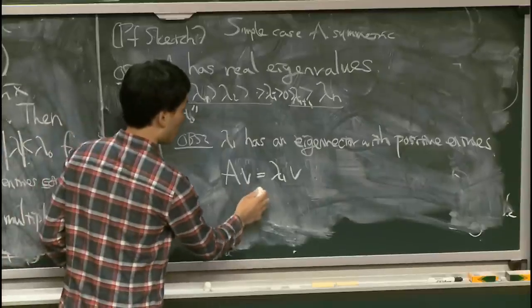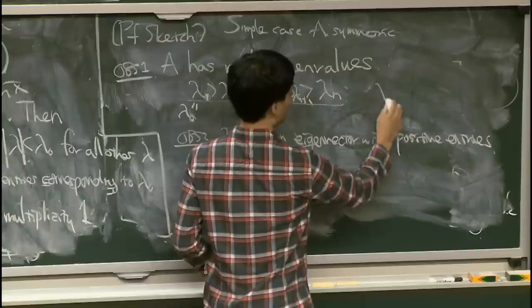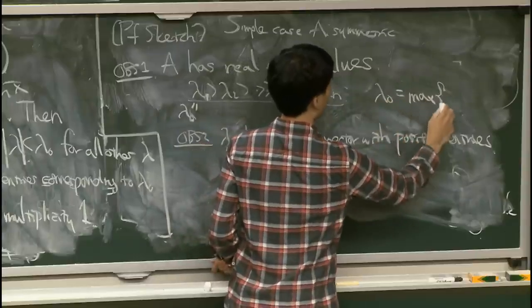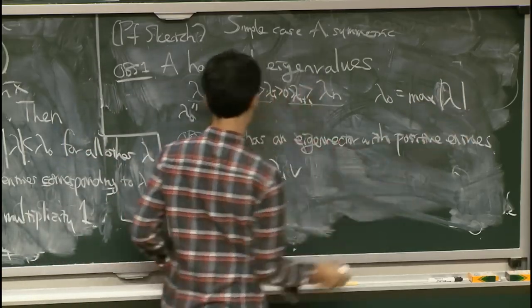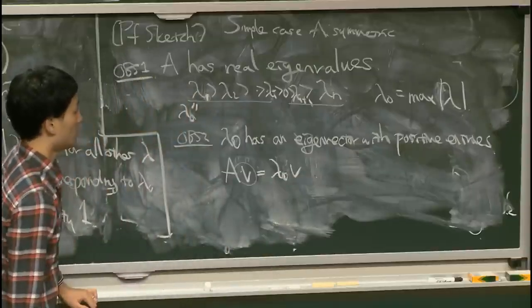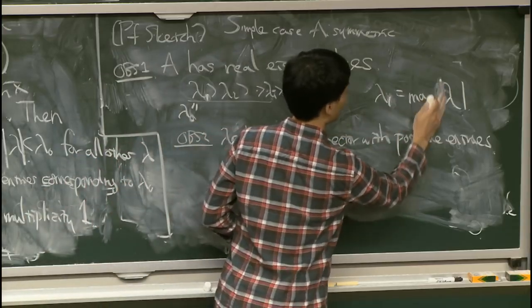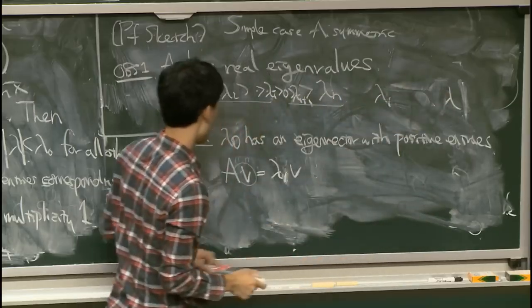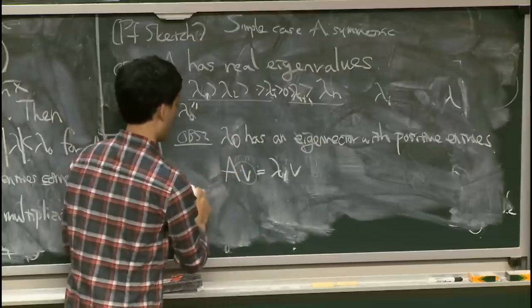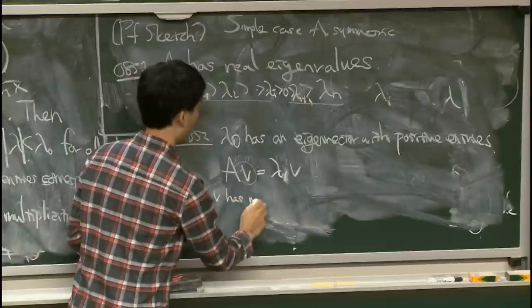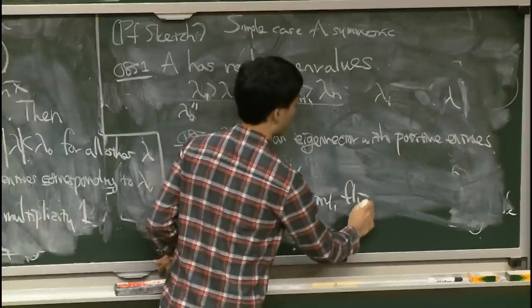Lambda 0 is the maximum of all lambda. So if you look at this, if V has a negative entry, then flip the sign.